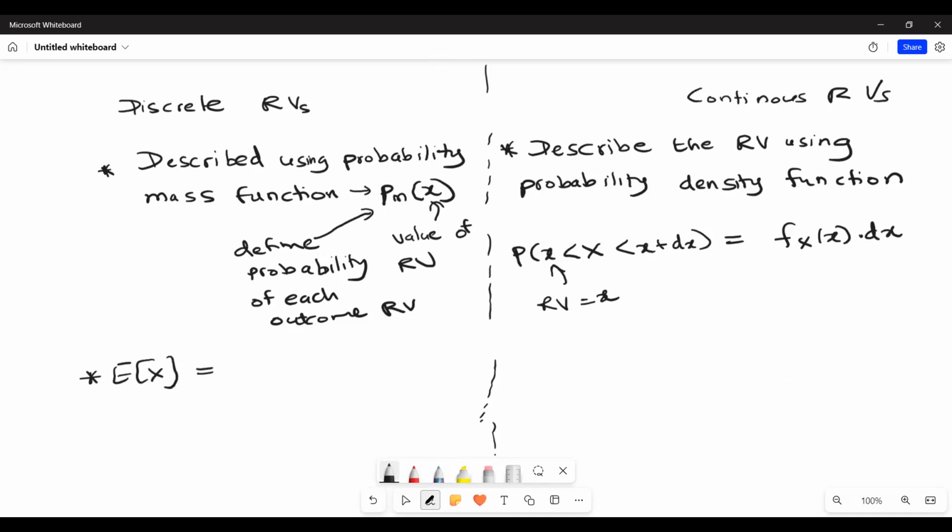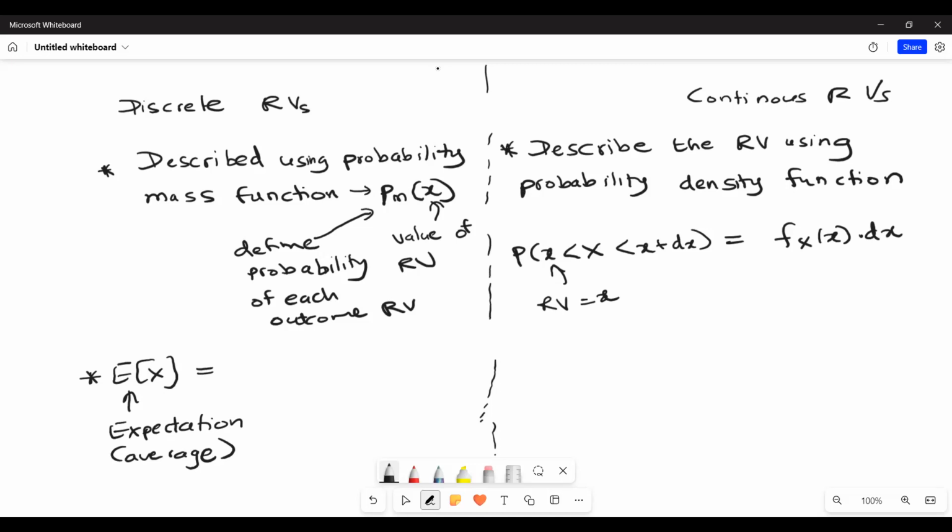Expectation is the average value of the random variable, and we need to know it in order for us to analyze the random variable.